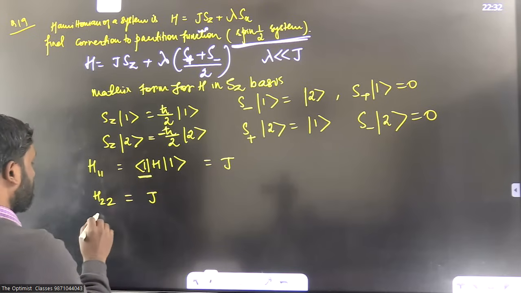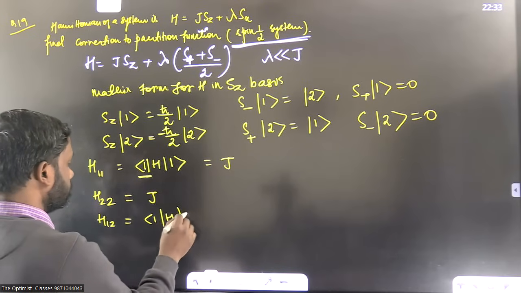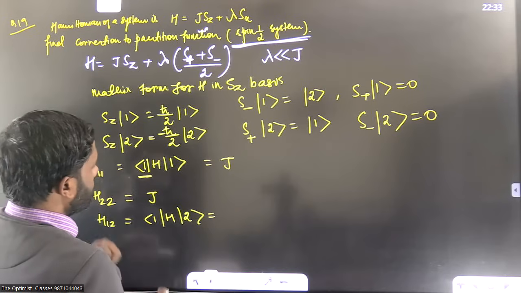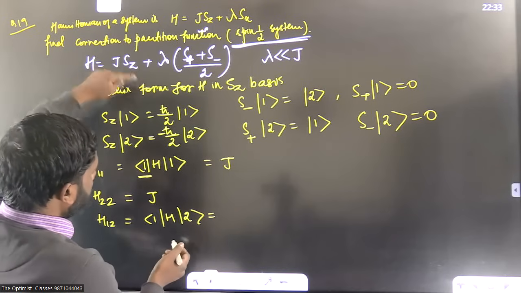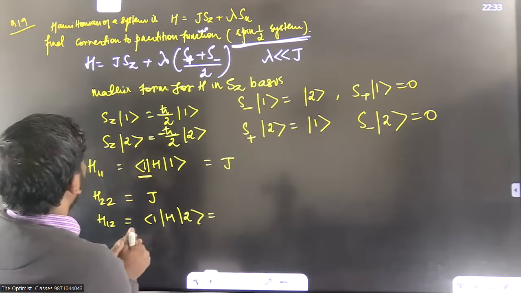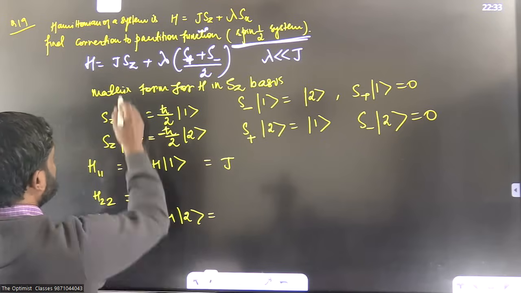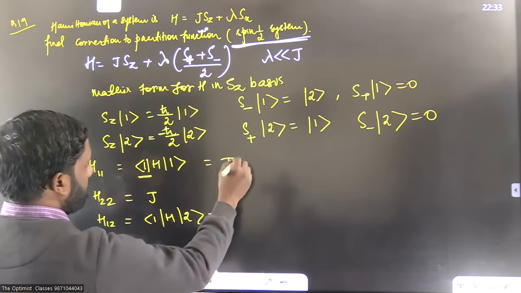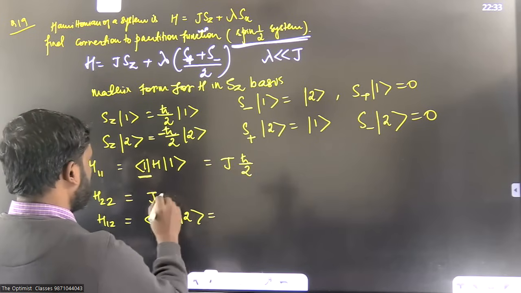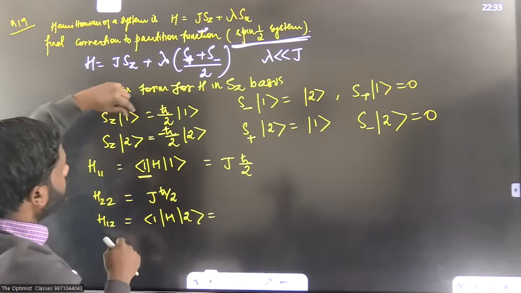When you calculate H12, you write it like this, 1 H 2. Sz gives h bar by 2, so there will be a factor of h bar by 2 here, because Sz acting on 1 gives you h bar by 2.